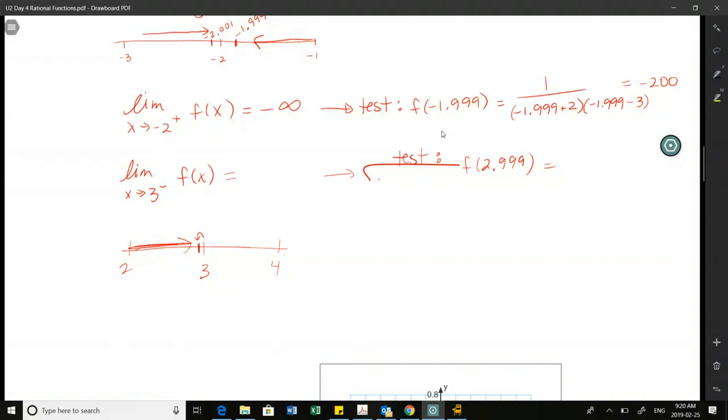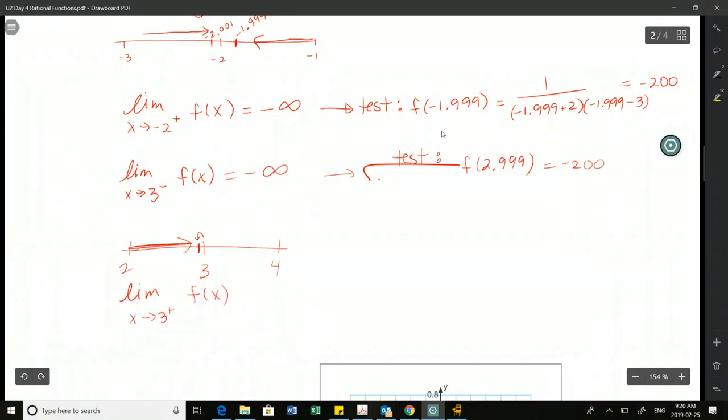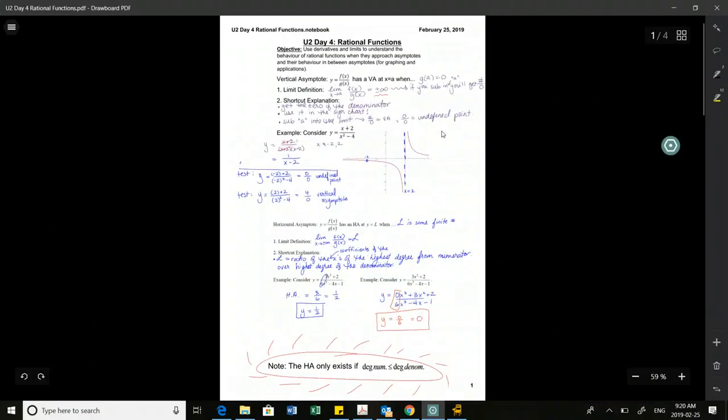Okay, so did anybody do 2.999? I think we got -200. Okay, so -infinity for that guy. And then last one, limit as x approaches 3 from the right. Maybe we choose something like 3.001.